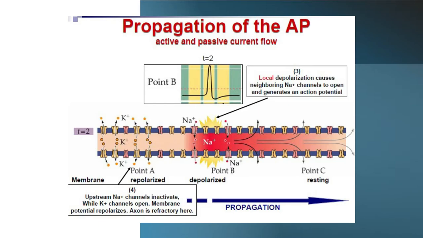Or you can say initially there is a period of refractoriness, meaning it will be refractory to another stimulus. It will not respond to another stimulus until the relative refractory period is reached, where there are chances that if we provide a very strong stimulus, then the sodium channels will open and another action potential will be produced.